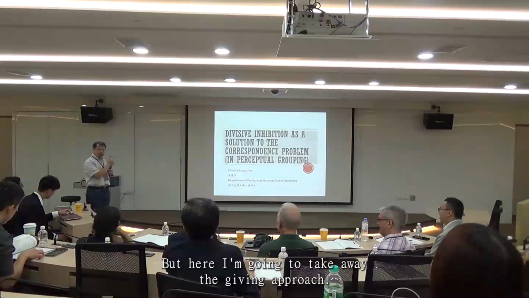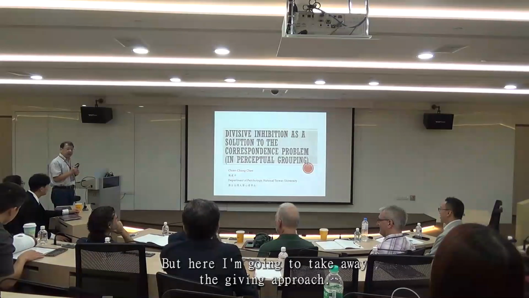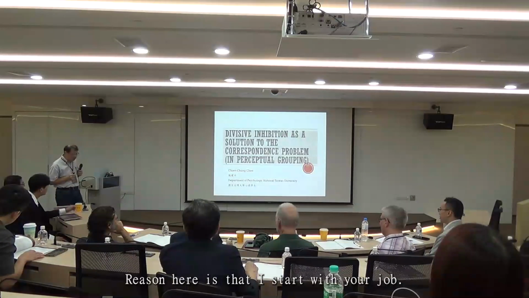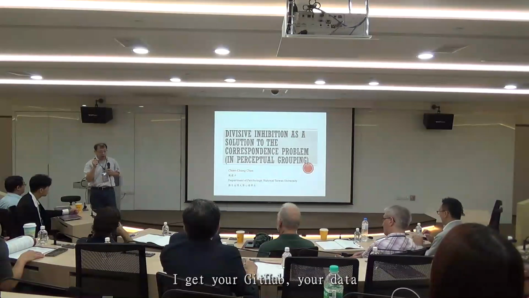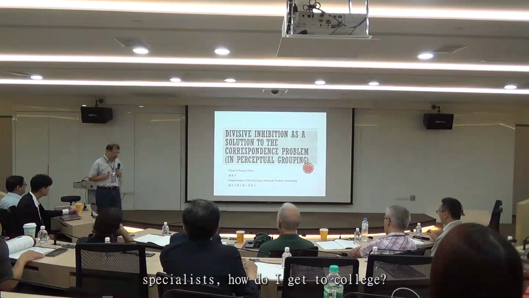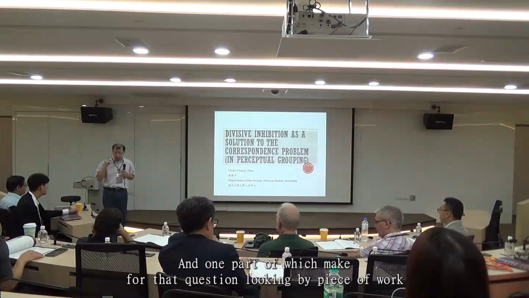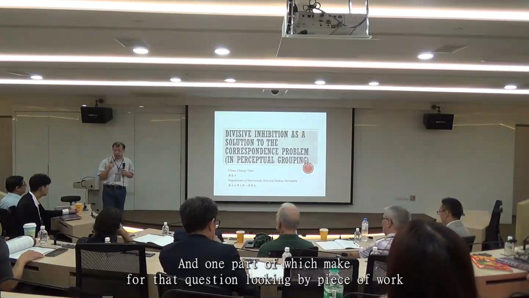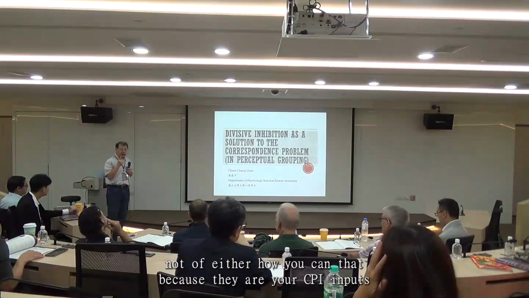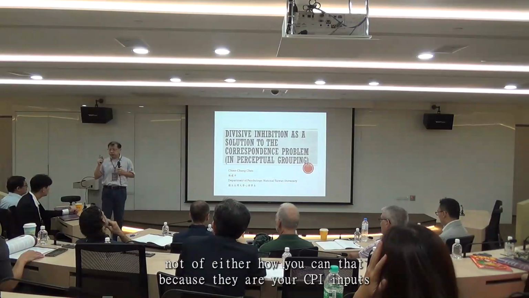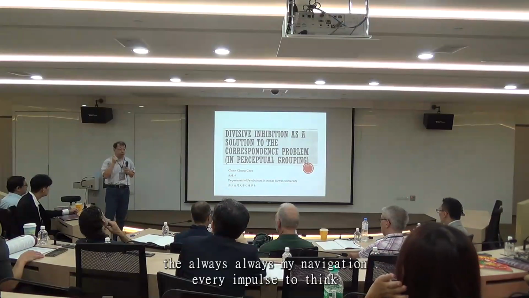But here today I'm going to take a very different approach. The reason is that I start with neural data from single-neuron physiology. There is one property, which we call the univariance principle: no matter how many dimensions there are in your inputs, there is always one dimension, namely impulses per second.